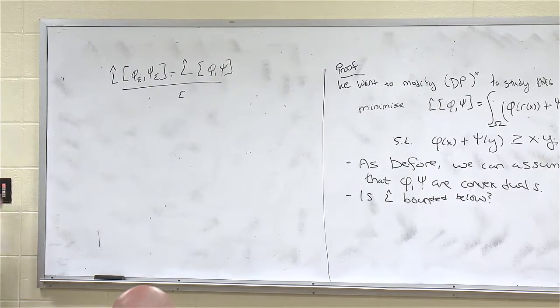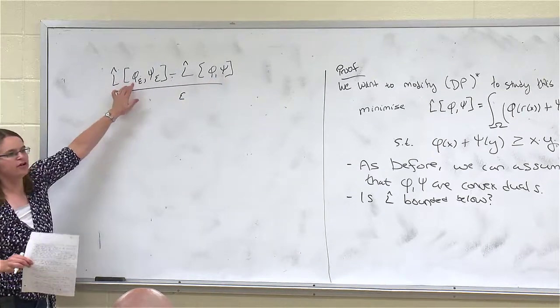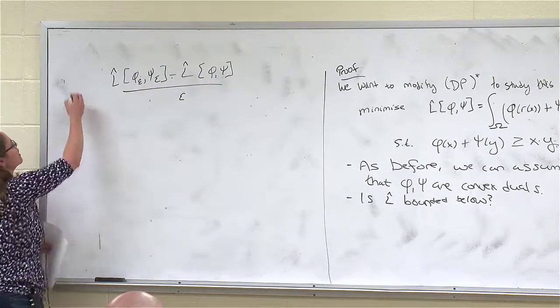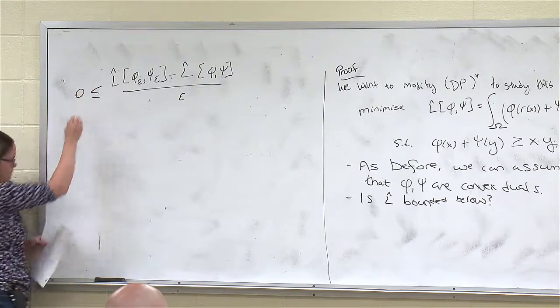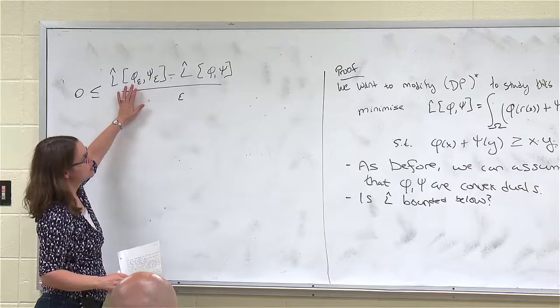Okay, what do we know? We know that this guy was the minimum. This guy is larger or the same, so we've got something that is positive here. And same game as before. We're integrating.